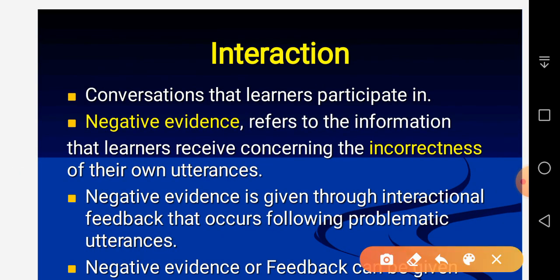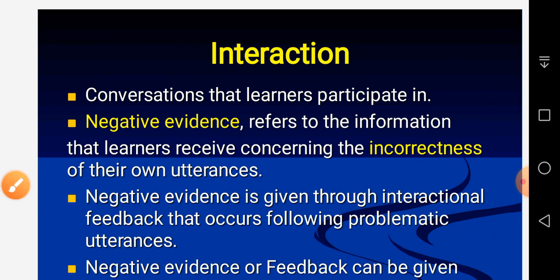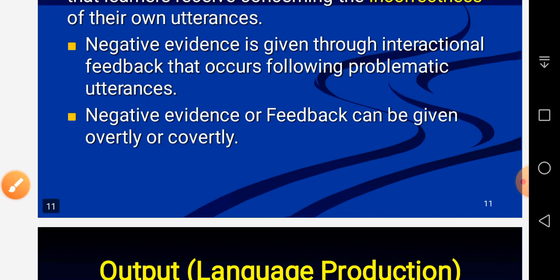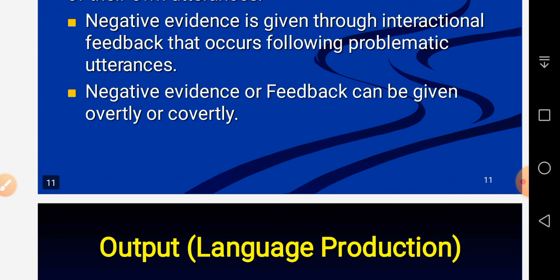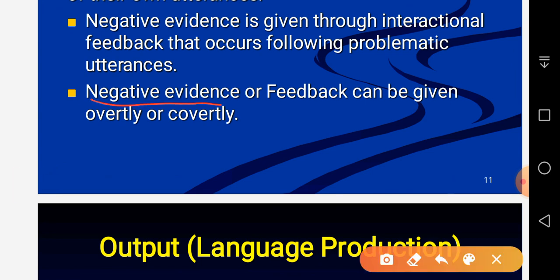So conversation that learners participate in. Now negative evidence refers to the information that learners receive concerning this. I think I have already covered. Let me take you to the important point. Negative evidence or feedback can be given overtly or covertly. So your competent user, your partner, suppose you are a language learner, you are learning English, which is a second language or a foreign language for you.